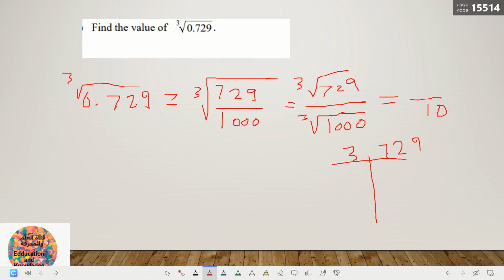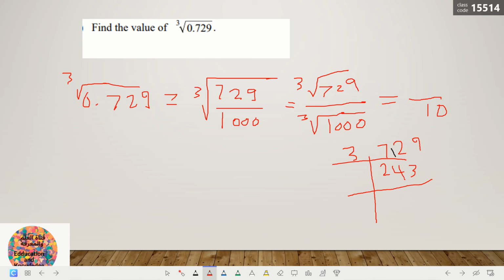I start with 7. 7 divided by 3 is 2, and the remainder is 1. I put the remainder here next to the next digit. It becomes 12. 12 divided by 3 is equal to 4. There is no remainder, because 4 times 3 is 12. Then 9 divided by 3 is equal to 3 without remainder.